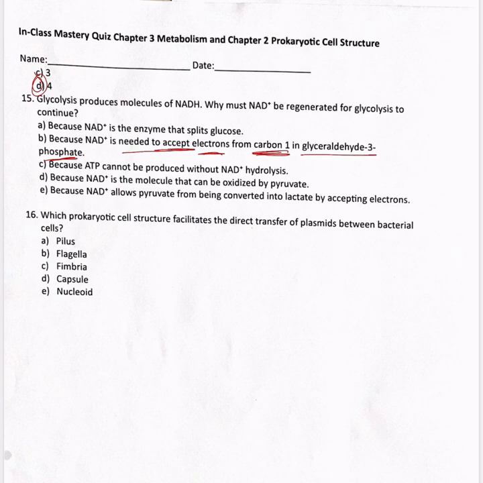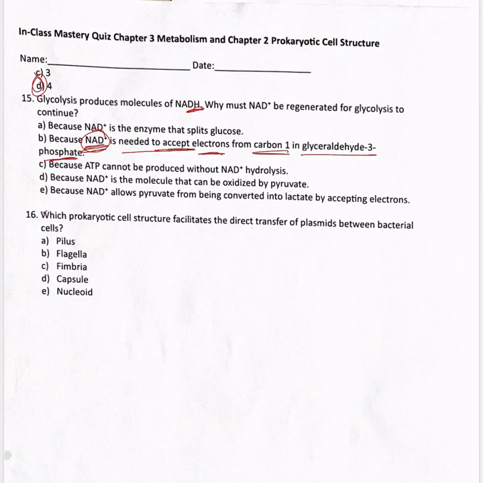If it's not available, then carbon 1 has to keep its electrons and glycolysis can't happen. The electrons can't move from the substrate to NAD, and glycolysis can't continue without this accepting the hydrogen.